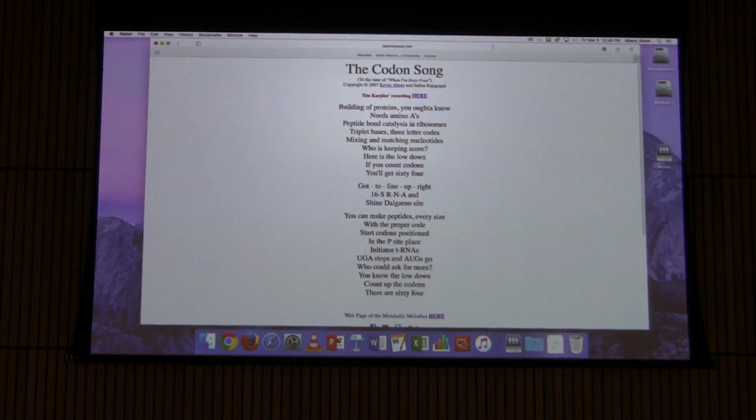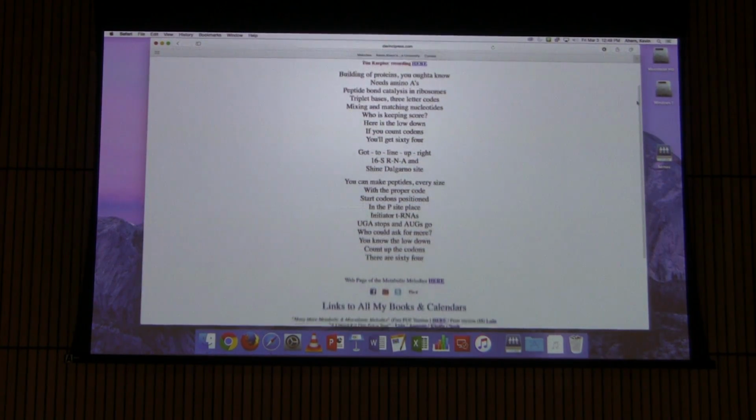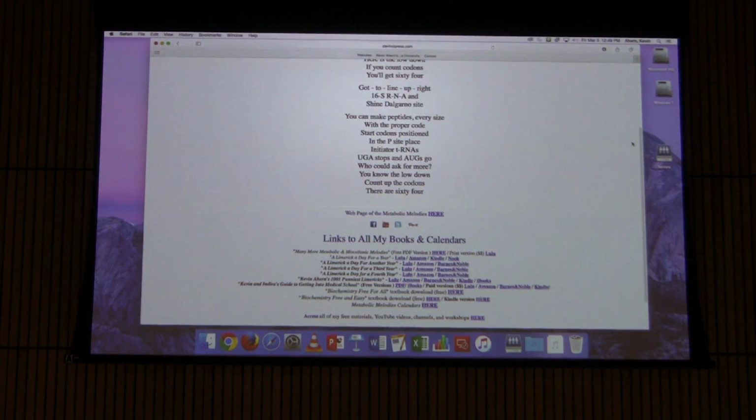Amino acids, peptide bond catalysis in ribosomes, triplet bases, 3-letter codes, mixing and matching nucleotides. Who is keeping score? Here is the lowdown. If you count codons, you'll get 64. Got to line up right.